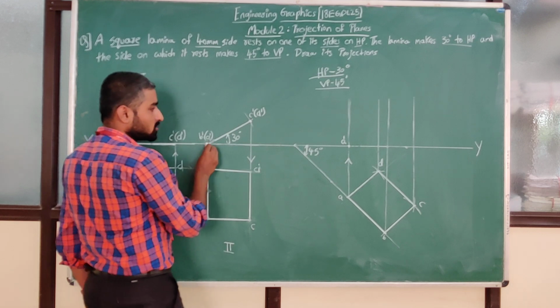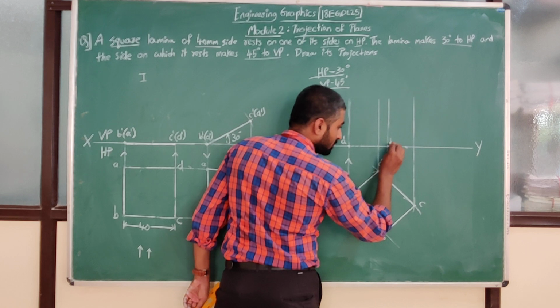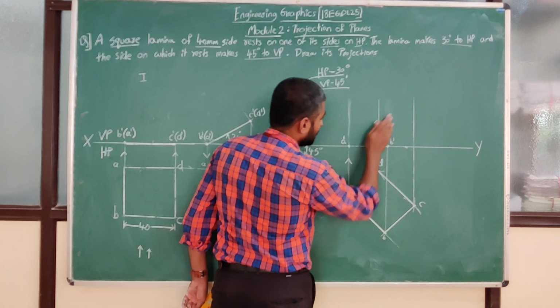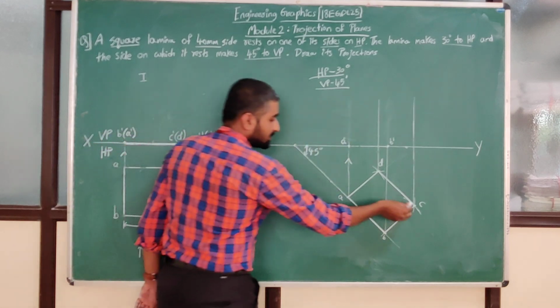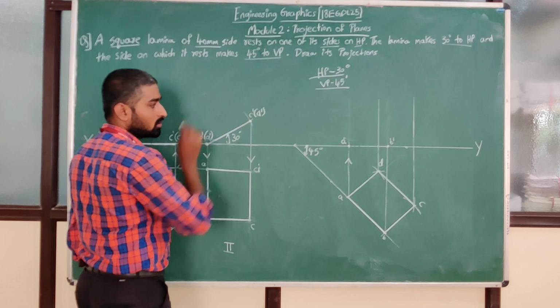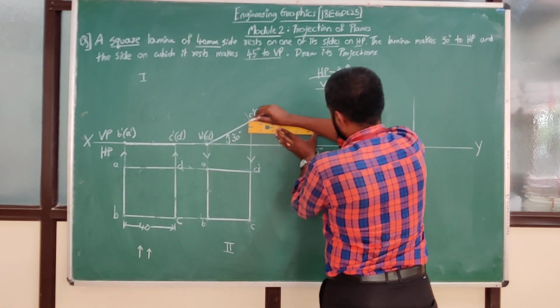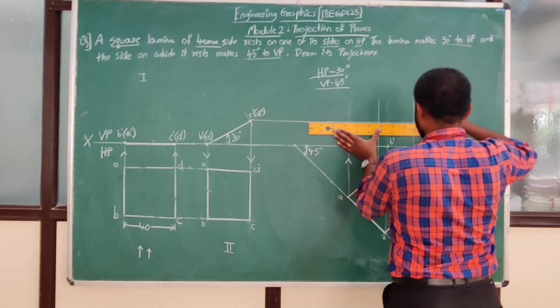You can check it, right? So B, I am going to mark here. This will be my B dash point. Next, what about the third line? That is C. C and D are both on the top, so I am just going to project a line from there straight up to the intersection.